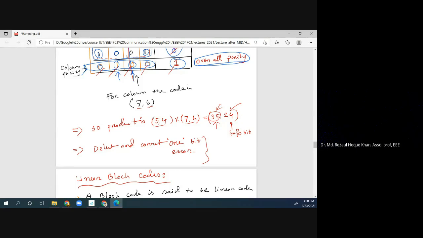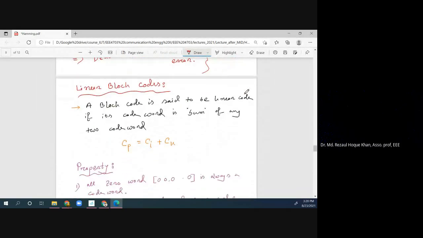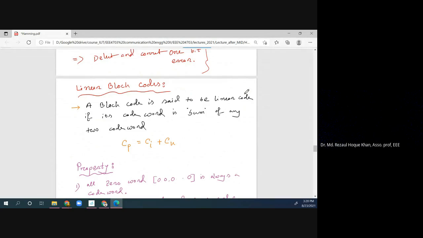Okay. So, linear block code. So far we talked about block code. This is a new term, linear block code.